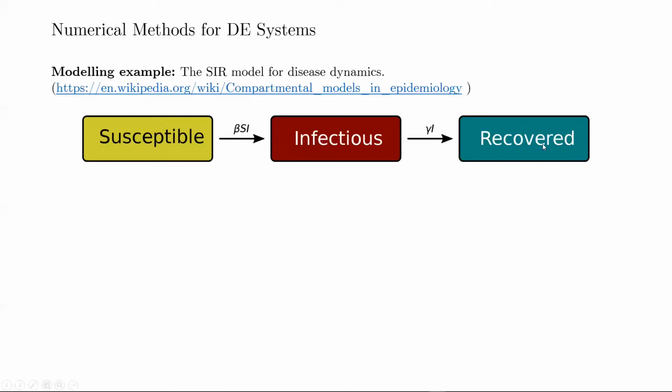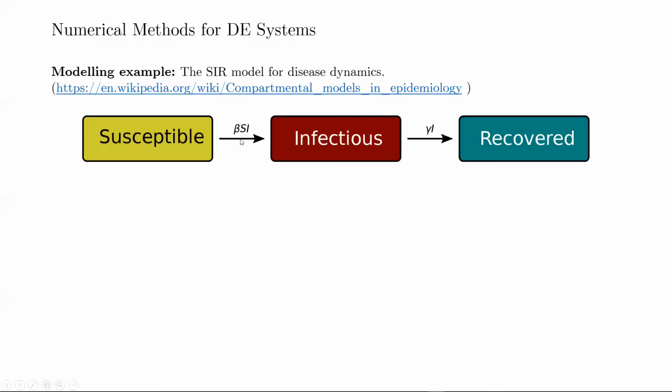Okay, so in this particular model, we're not looking at any disease that kills people. Maybe something quite benign that you just get a little bit sick and then you recover. Okay, and so the rate at which people move from the susceptible to being infected is beta times S times I. Okay, beta is some constant.